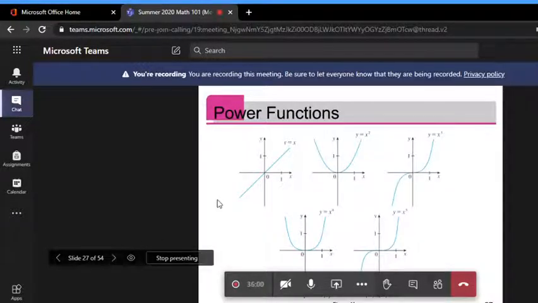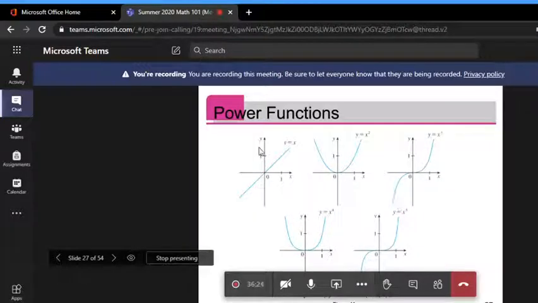So y is equal to x, for example, is a line passing through the origin. Y is equal to x squared, we draw this, it is looking like this, opening upwards and going through the origin, symmetric with respect to the y-axis. We talked about that. Because it's an even function, right? You remember?